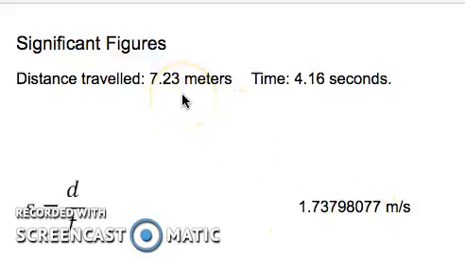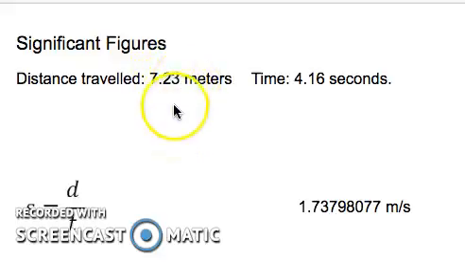If you are measuring the distance someone travels in a certain amount of time, you are limited by the instrument with which you are measuring it. If you are measuring in meters, you probably have some meter stick or some kind of tape measure. The tape measure will only go to like the tenths, hundredths, or thousandths place.